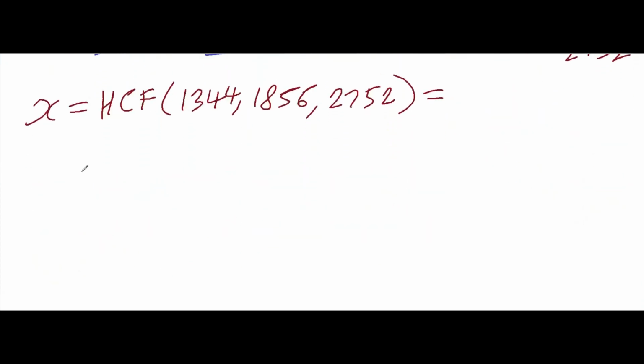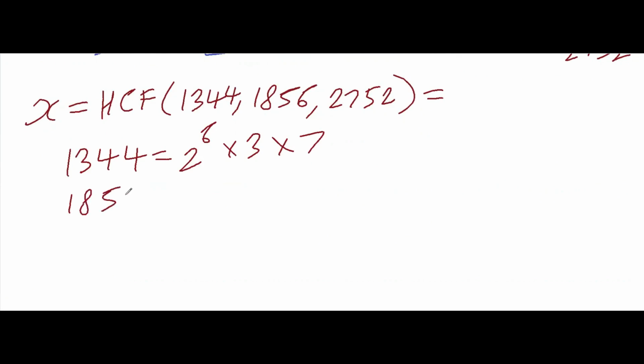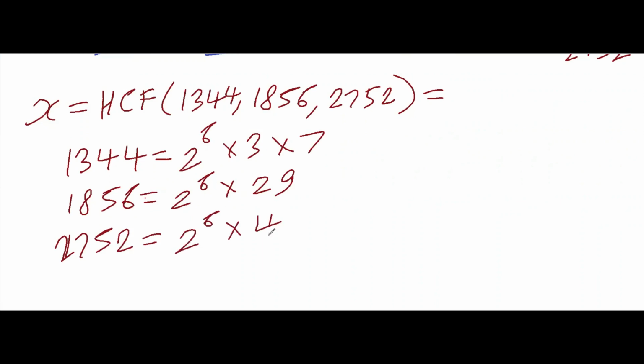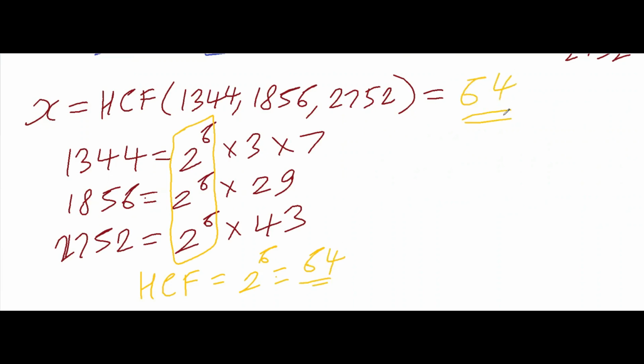So let's find it. 1344 factors are 2 to the power of 6 into 3 into 7. 1856 factors are 2 to the power of 6 into 29, and 2752 factors are 2 to the power of 6 into 43. So the HCF is 2 to the power of 6, which is nothing but 64. So 64 is the answer. Understood?